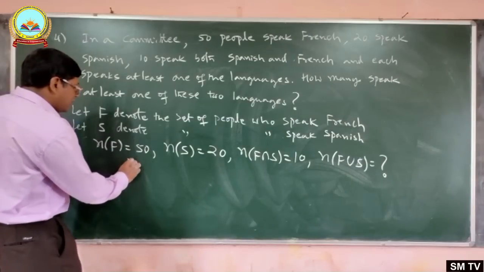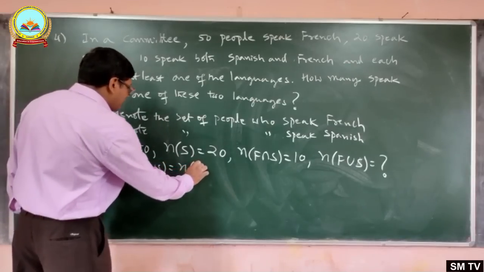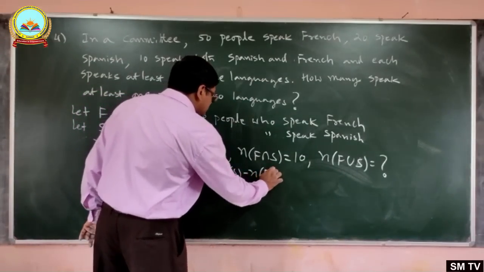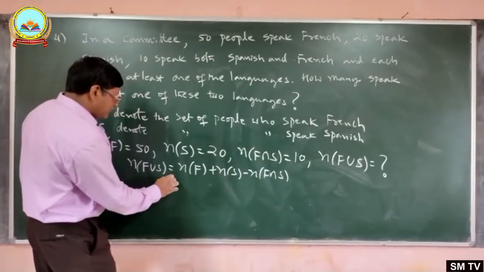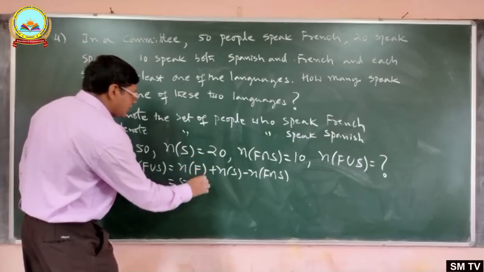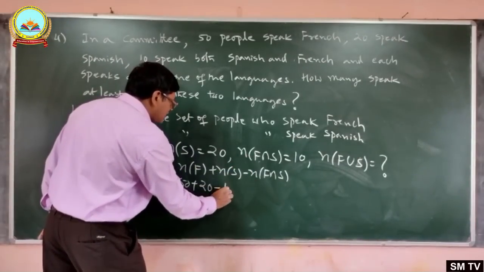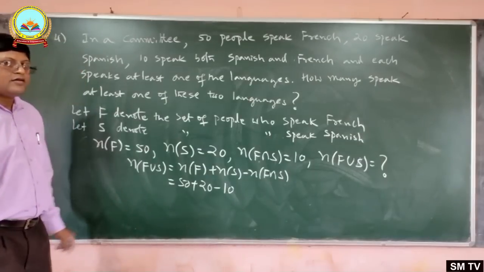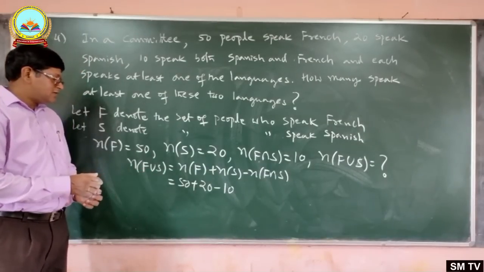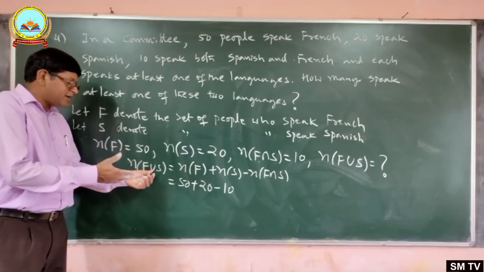So what is the formula? N of F union S is equal to N of F plus N of S minus N of F intersection S. Substitute the values. N of F is 50 plus N of S is 20 minus N of F intersection S is 10. F union S is the set of those people who speak either French or Spanish or both.